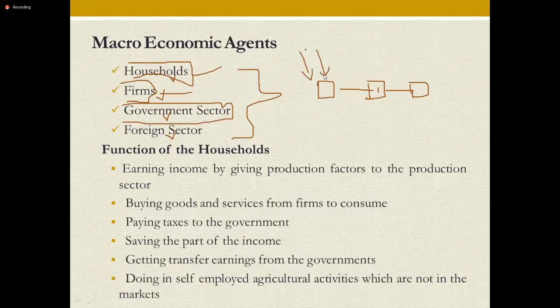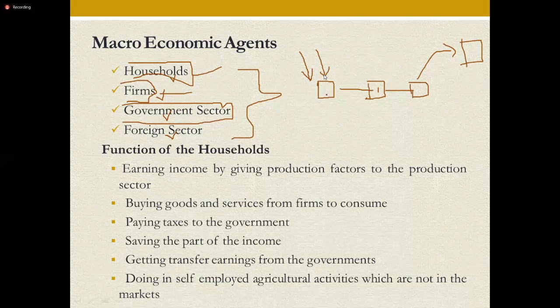We are asking laborers to come, and we are getting money from firms. So households are the persons who give the labor factor, and at the end the household is also the person who consumes the good. That is why we call economic issues a systematic concept, going as a system.